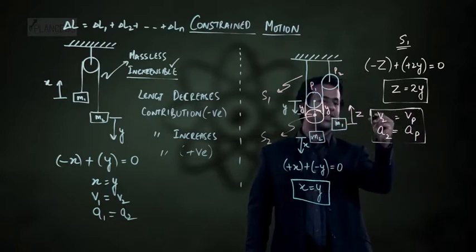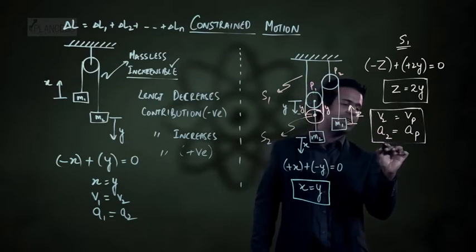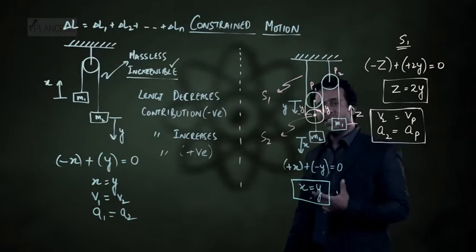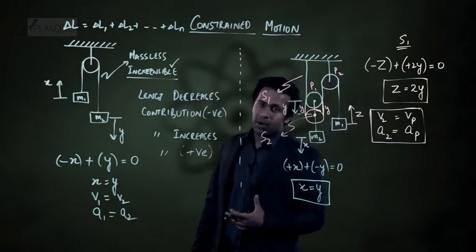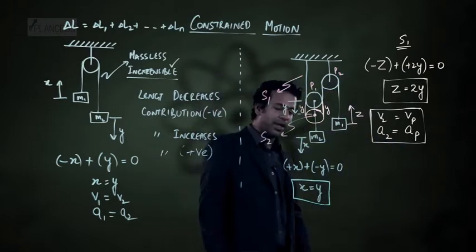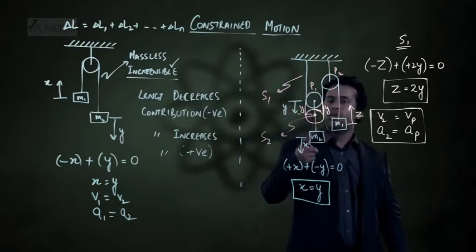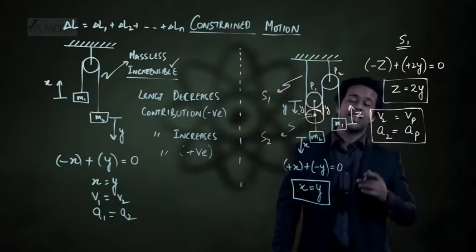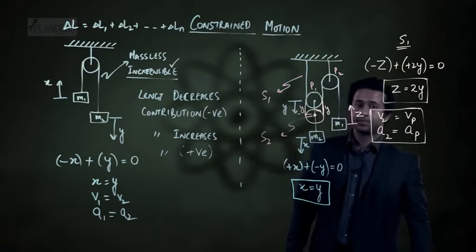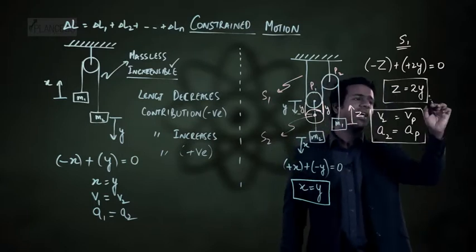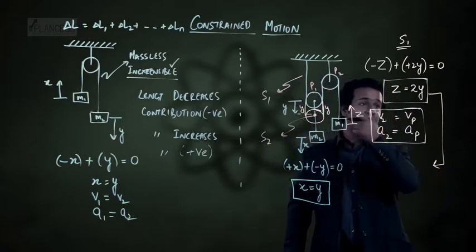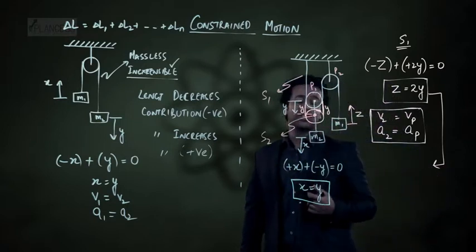This is because the same distance is covered in the same amount of time, and hence any change in velocity is also brought about in the same interval of time. So for mass 2 and this pulley, we can say that the velocities as well as the accelerations are the same. Now, looking at the second equation, we see that Z is equal to twice Y. What does that mean?